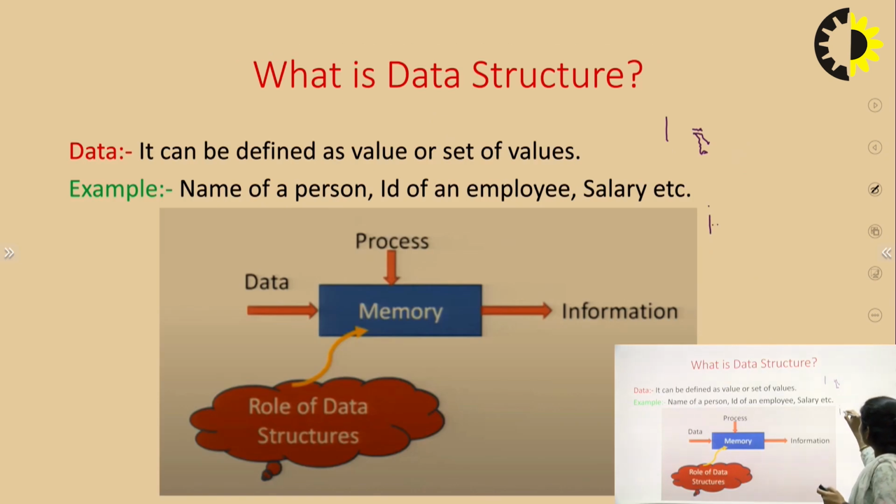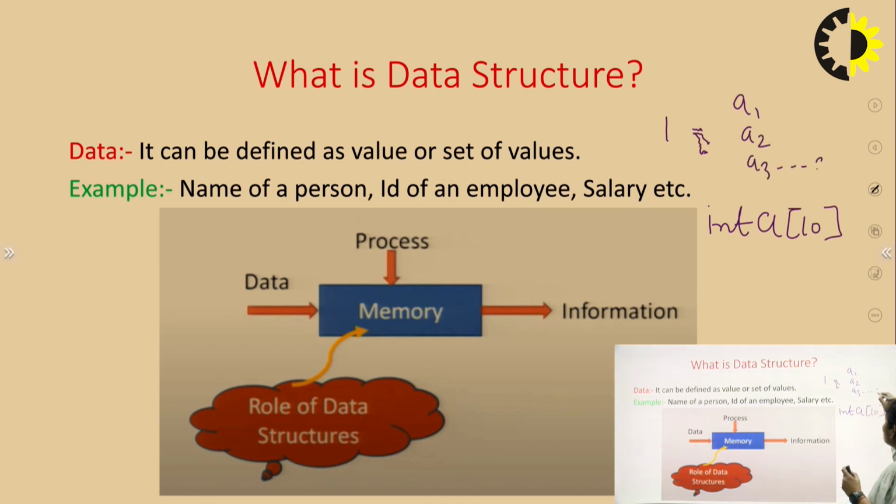So with an integer array, you store 10 elements instead of writing a variable 10 times, A1, A2, A3 up to A10. If you have knowledge of how data is stored and how it gives efficient output, here comes the role of the data structure.